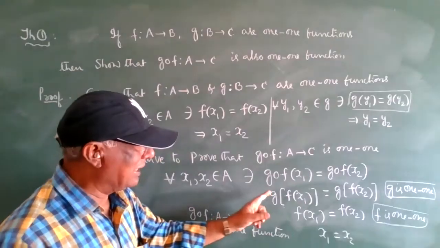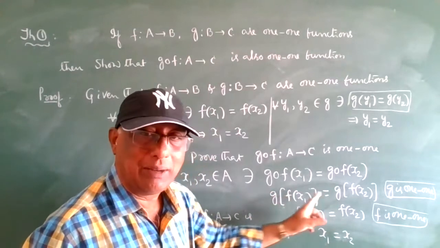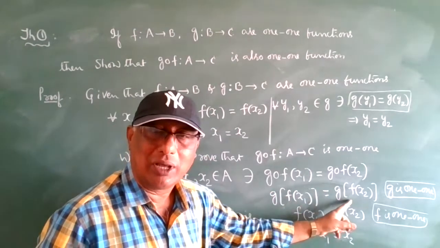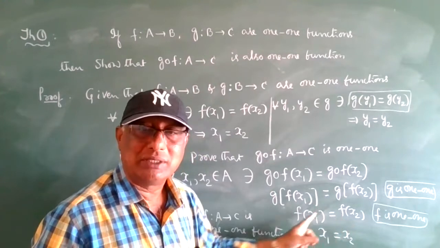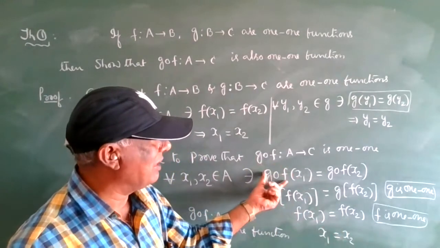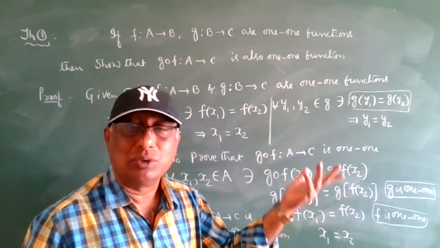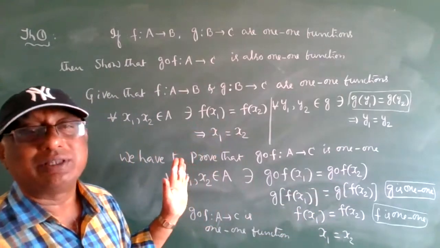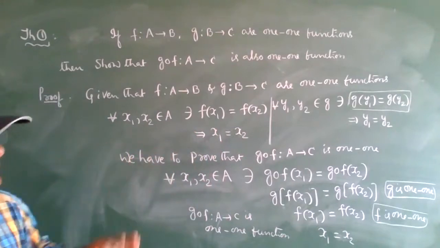So here g is one-one means g replace: f of x1 is equal to f of x2, and f is one-one means x1 is equal to x2. We start from this one, we end with x1, x2. Therefore, g circle f is a one-one function.